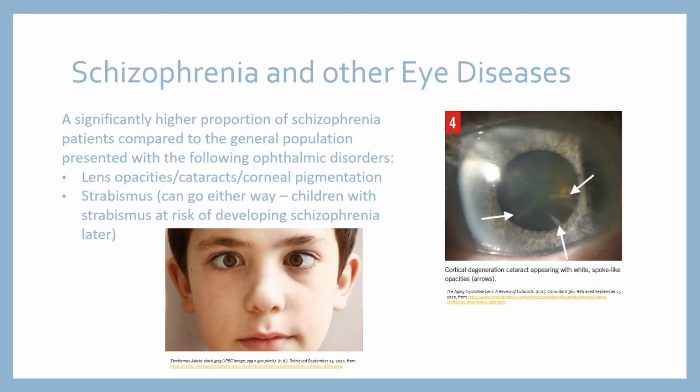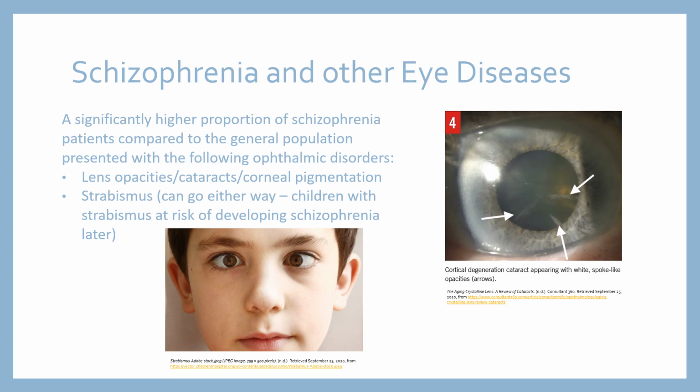There are also studies that found correlations between schizophrenia and other eye diseases. And this has not been extensively studied either, but schizophrenia is associated with lens opacities and cataracts. And in the front of the eye, there can be pigmentation in the cornea.